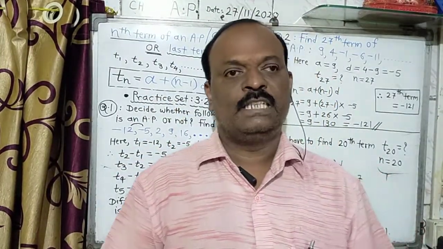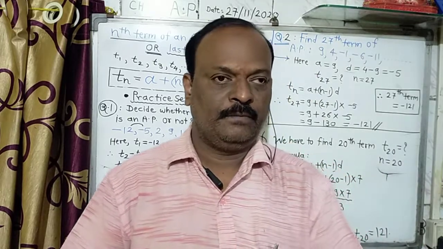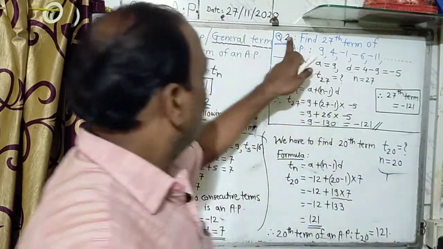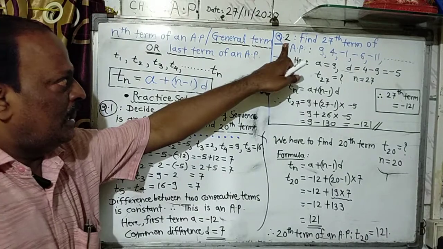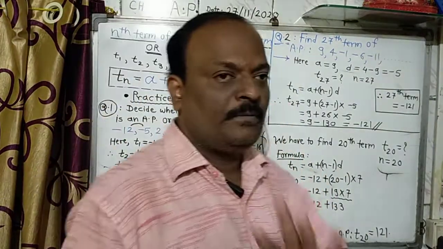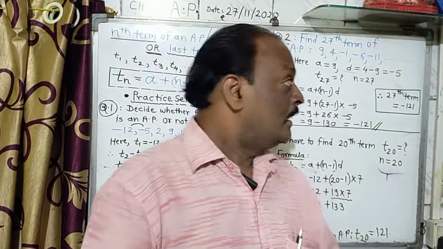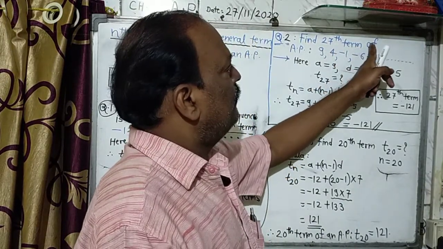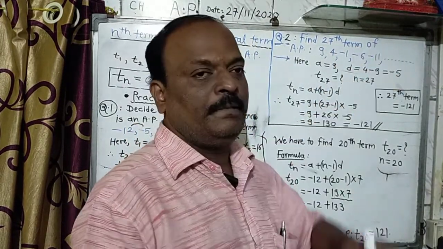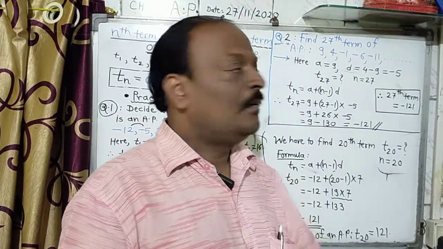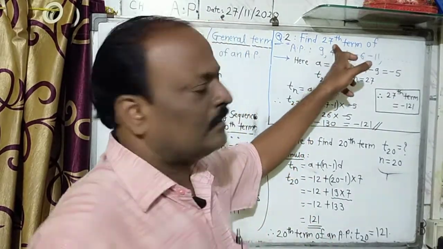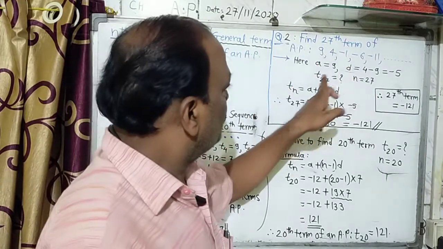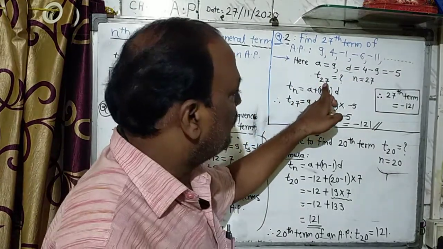Similar to this we have to solve questions 2, 3, 4 and 5. Now see the next question, actually question number 5 in the textbook. Find the 27th term of an AP. The 27th term means you have to find T27.